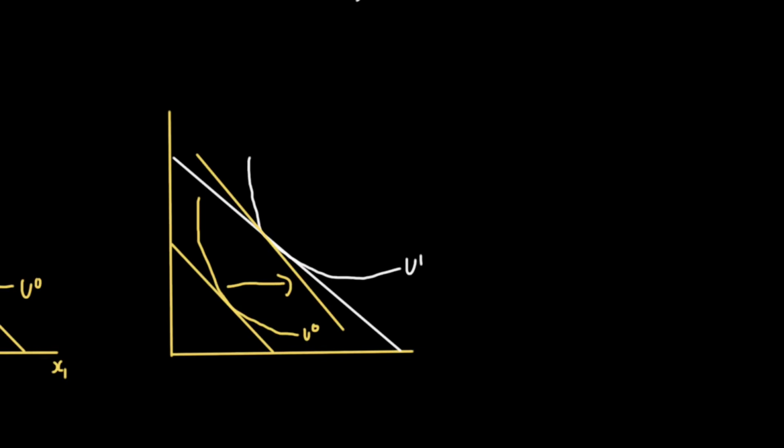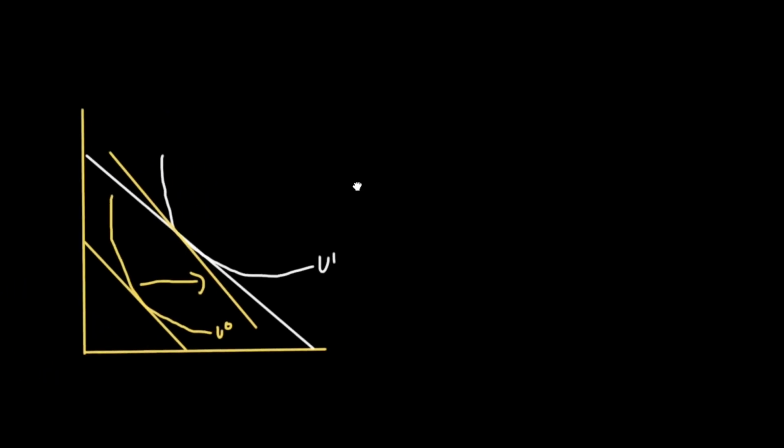So what we're trying to find is how much we have to change the consumer's income so that he or she would stay on the new utility level after a supposed price change. So our target utility would be the new utility level.